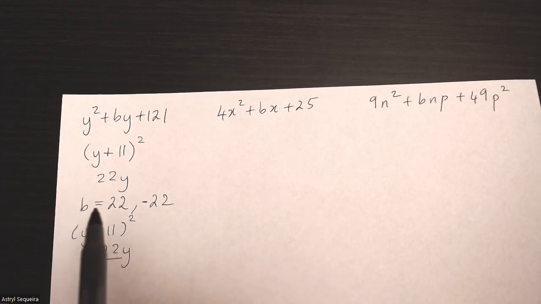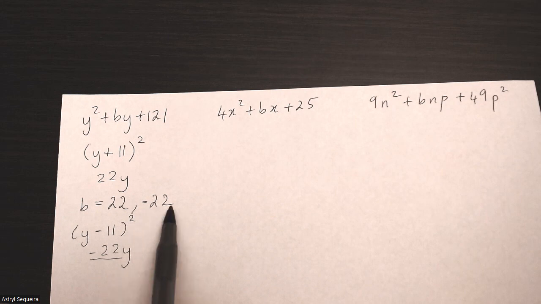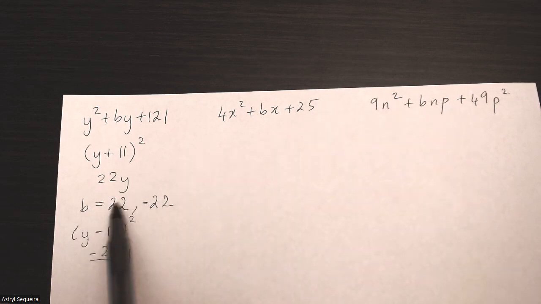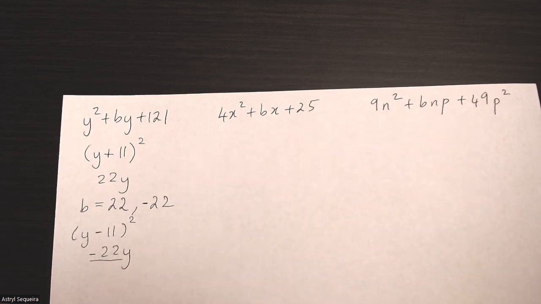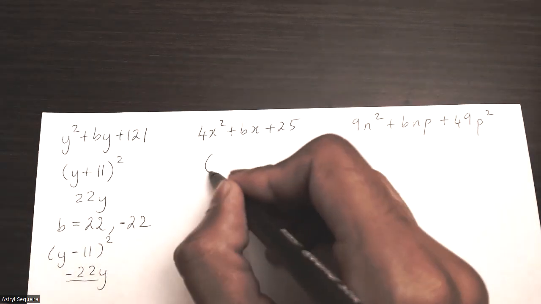So in this question, I have two possible answers for b, either positive 22 or negative 22. And anytime b is in the middle term, you will always have two possible answers, a positive and a negative solution. Let's take a look at this second one over here.